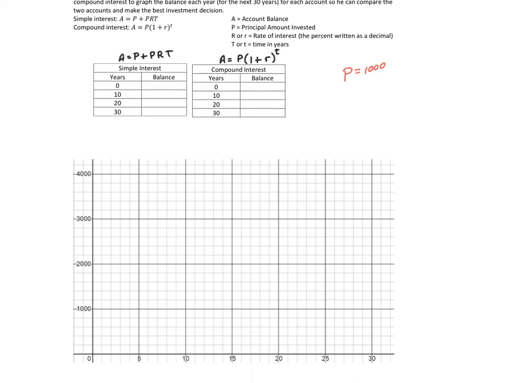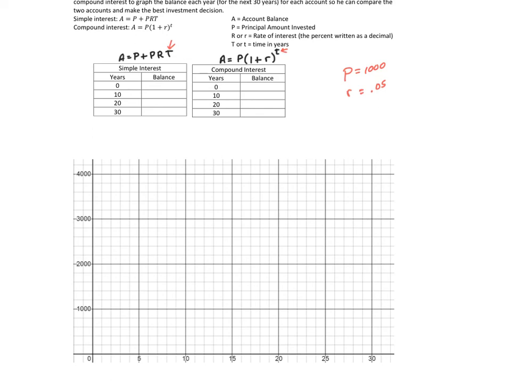Was it 5%? Yes, it was 5%. So r equals 0.05 for 5%. Then the number of years is the t, right? This t is an exponent. That's the number of years. So we have everything we need.